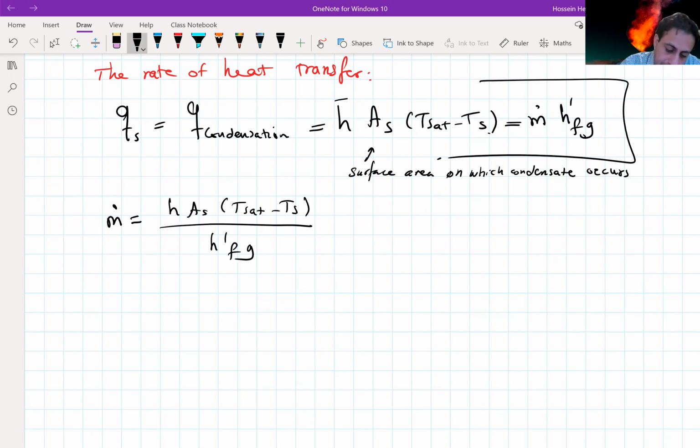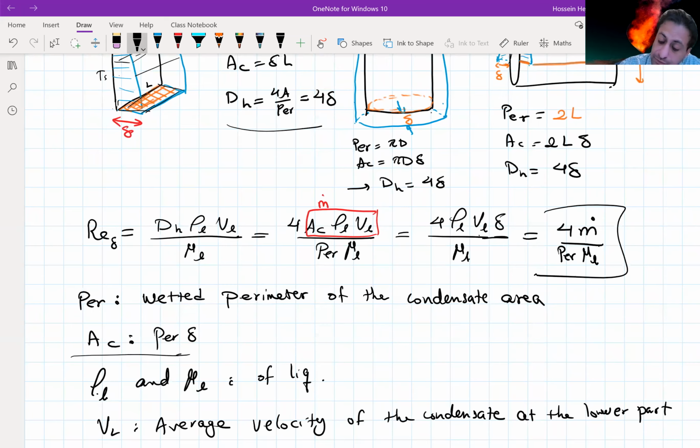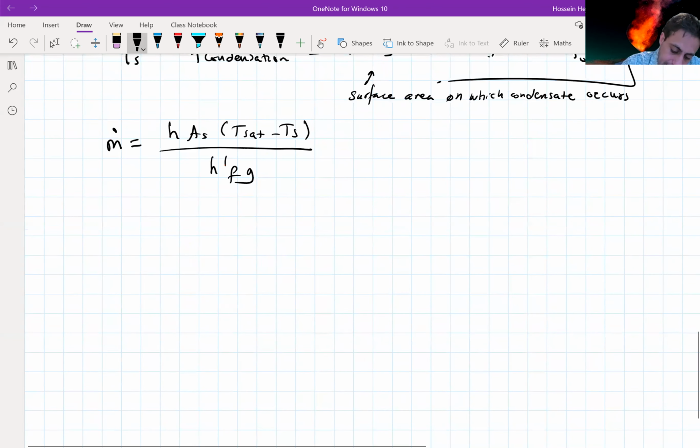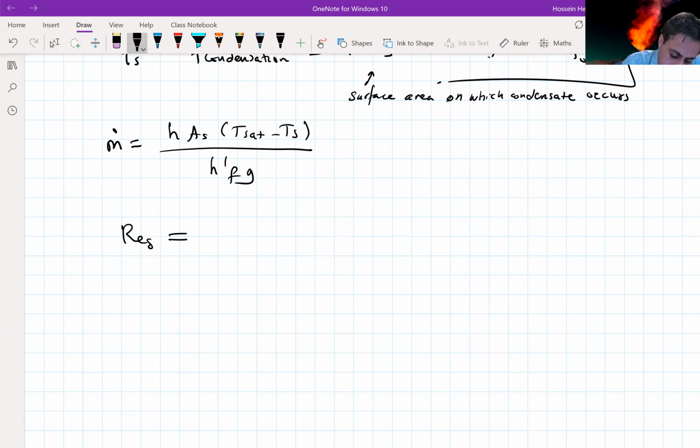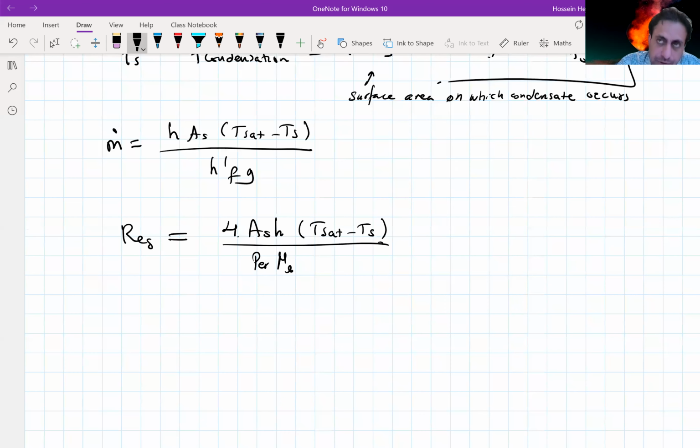And if I use that, I can have this Reynolds number. Remember, we were writing the Reynolds number in the form of mass flow rate. I can write the Reynolds number of delta, which was 4 m dot divided by perimeter times mu L. Now, if I replace that with the definitions that we have here, it's going to be 4 AS H Tsat minus Ts divided by this perimeter times mu L H prime Fg.